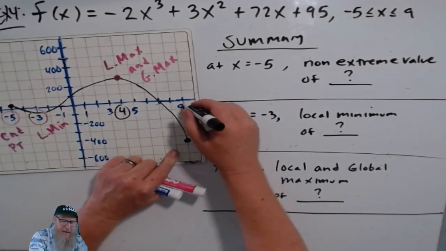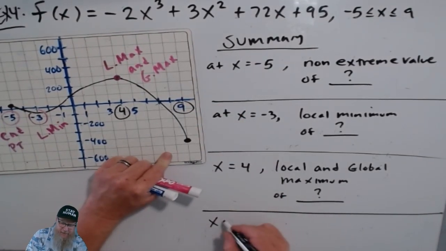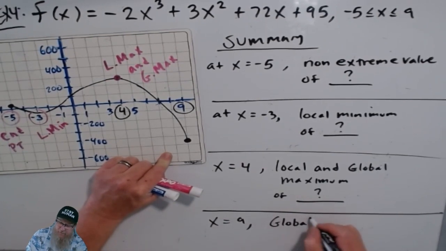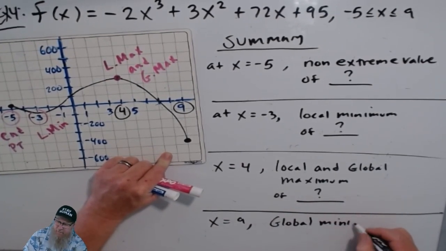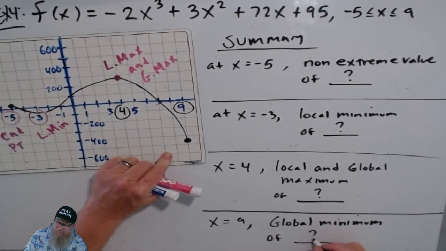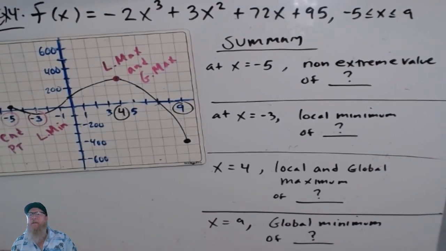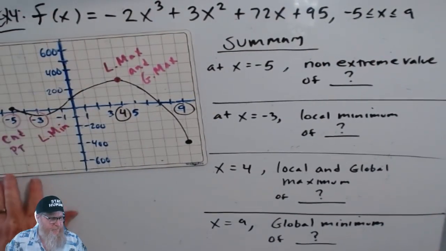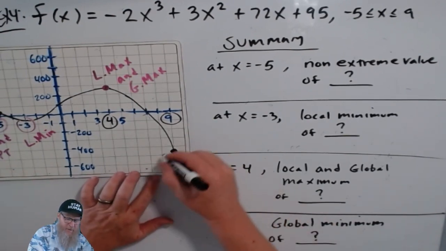And then finally at x equals 9, that's just a global minimum of, I don't know. So I'm going to answer all of these I don't knows by using the function that's given. Well, let me go ahead and label this.